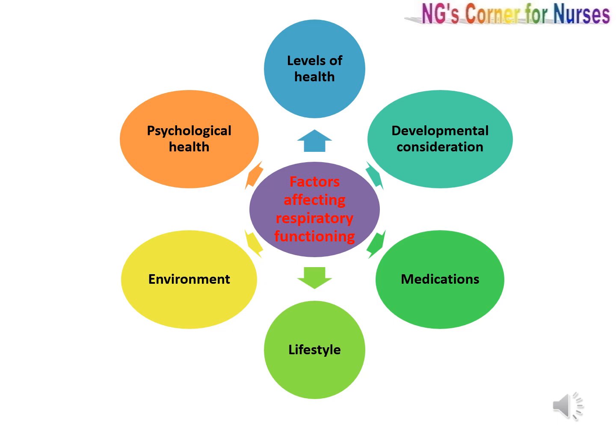Next is developmental consideration. In case of neonates and infants, birth necessitates many adaptations by the newborn. The most obvious change occurs in the lungs, which are transformed from fluid-filled structures to air-filled organs. The respiratory rate is more rapid in infants than at any other age. Surfactant is formed in utero around 34 to 36 weeks.